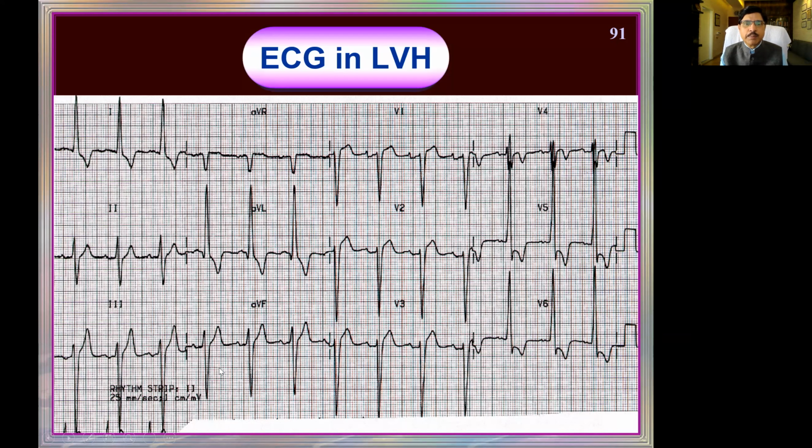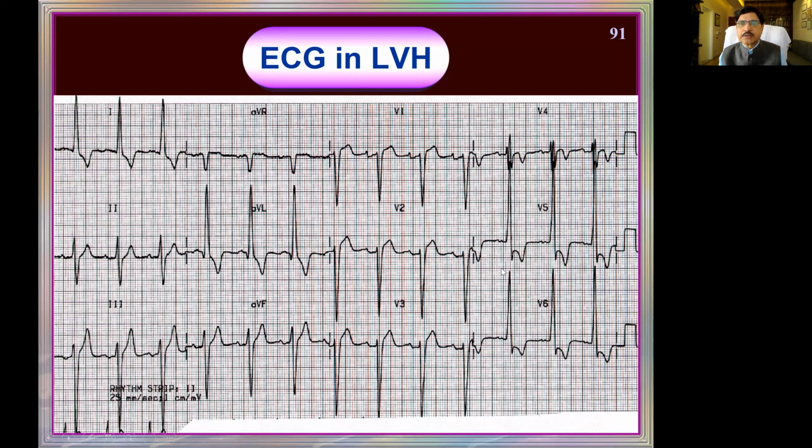Normally it should not be more than 25. So voltage criteria there is, limb lead criteria satisfied. Coming to the chest lead, 1, 2, 3, 4, 22 or 23 is the S wave. Normally we see S wave here, but this is 23, coupled with 1, 2, 3, 4, 5, 6. 6 is 30, 30 plus 23, 53.